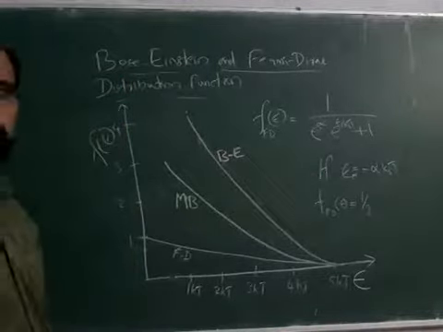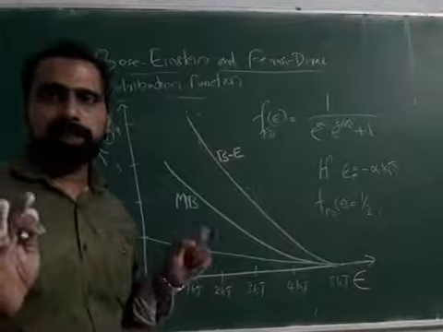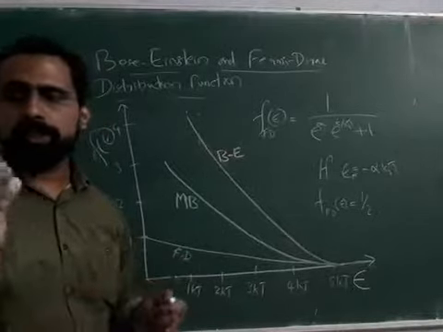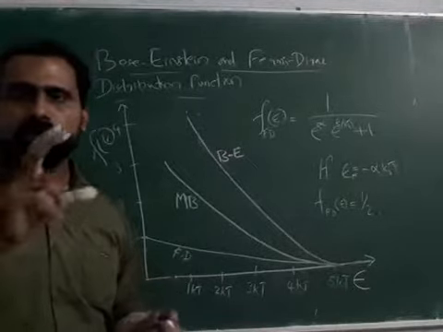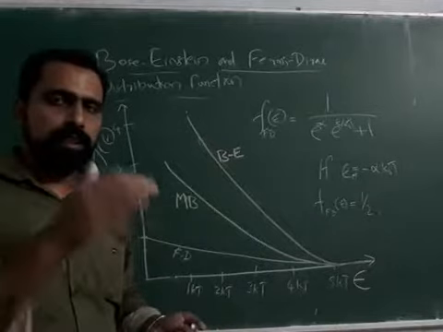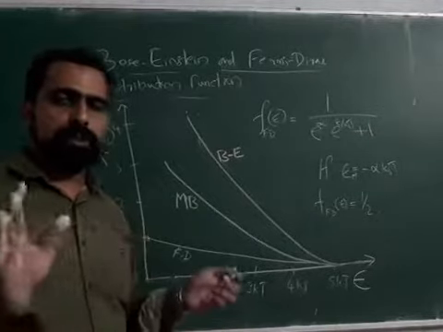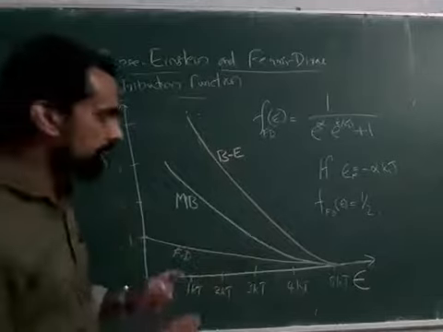Okay, I am not discussing much about the Fermi energy and all those things, because it is a great notion and you have to understand everything about this. For the time being you just understand like this.